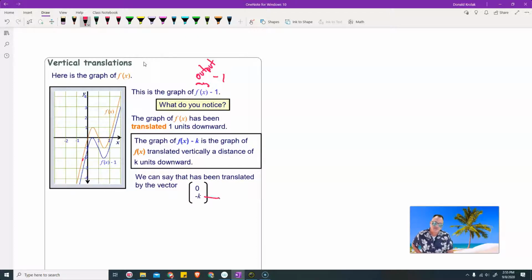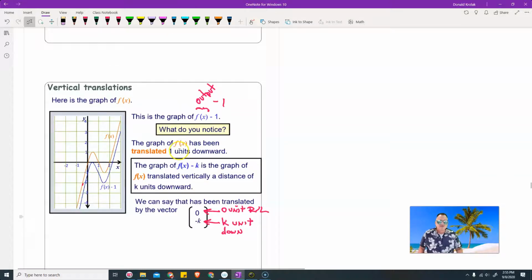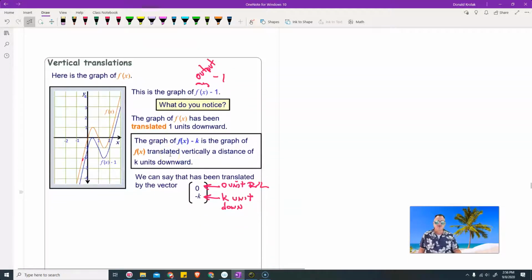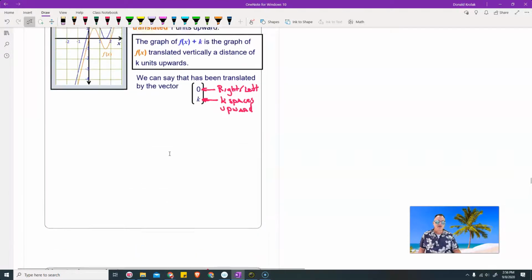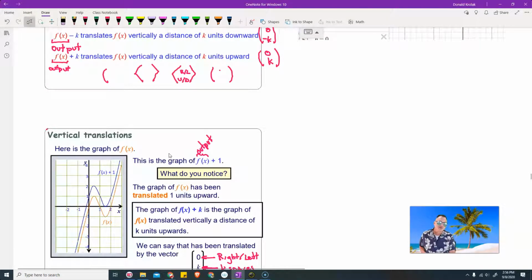Okay, so this represents k spaces or units down. And this would be 0 units right and left. So that's our simplest of the translations. That's a vertical translation. And it only affects the y coordinates. Okay? When we do a vertical translation, it's only going to change the y coordinates.